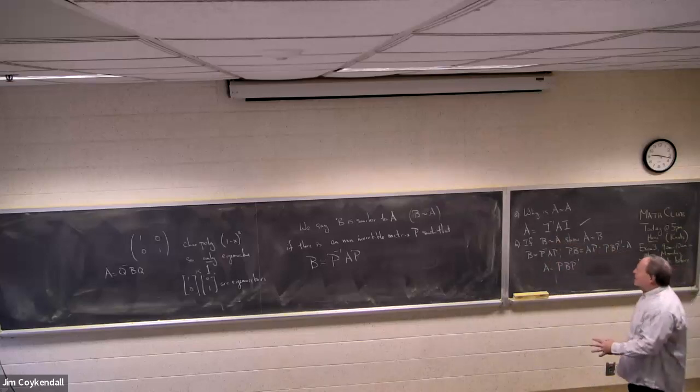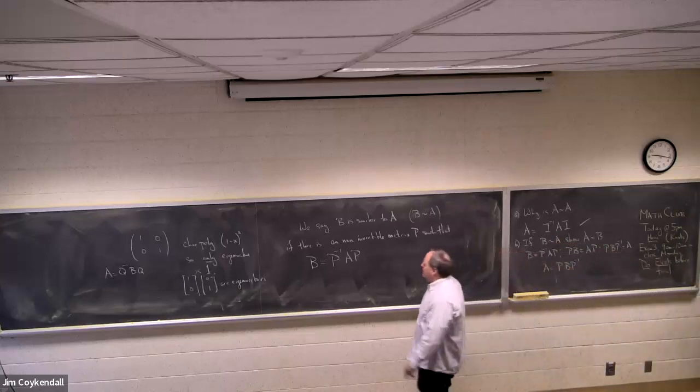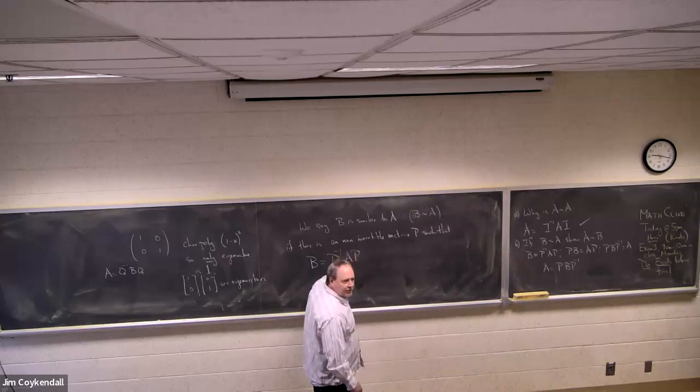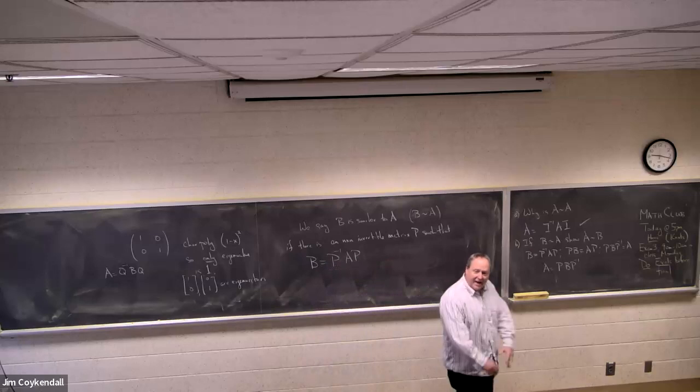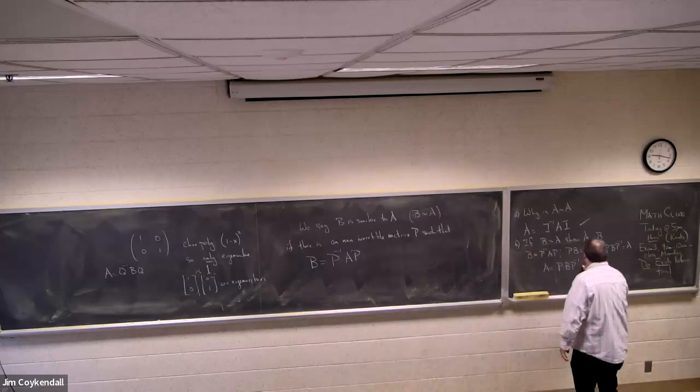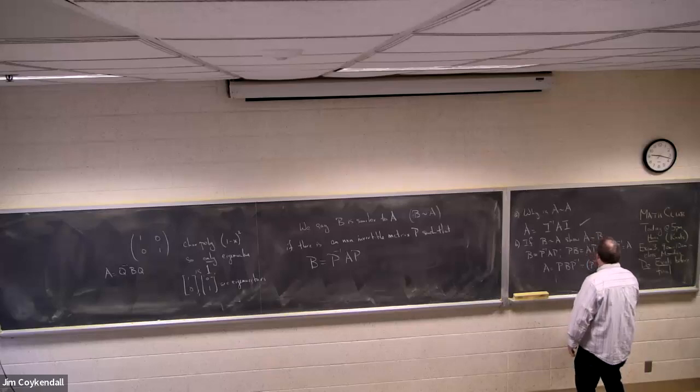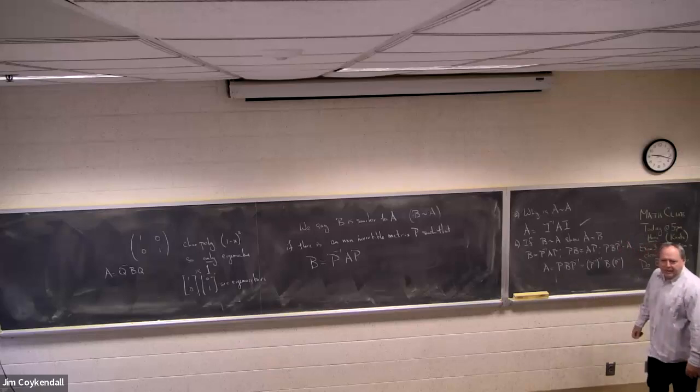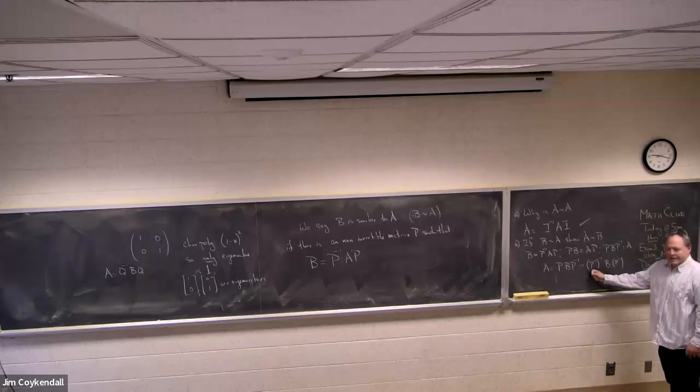Now, for those of you that might be bothered a little bit by the fact that this started with P inverse, it makes no difference. All you need is an invertible matrix. And in fact, I can write this. How about this? This is the inverse of P inverse. And so my new matrix is P inverse, right? The inverse of P inverse P.